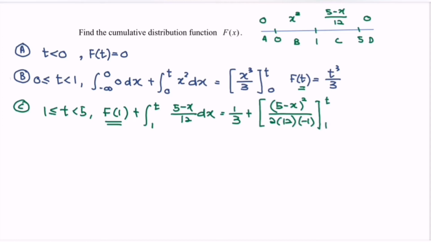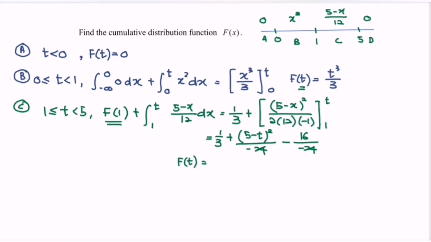t to 1. Kindly substitute the situation where we have 1 over 3 plus, substitute the t, where we have (5 minus t) squared over negative 24, minus, if we substitute 1, then we will have 5 minus 1, which is equal to 4 squared. So we will have 16 over negative 24. So simplify the situation.